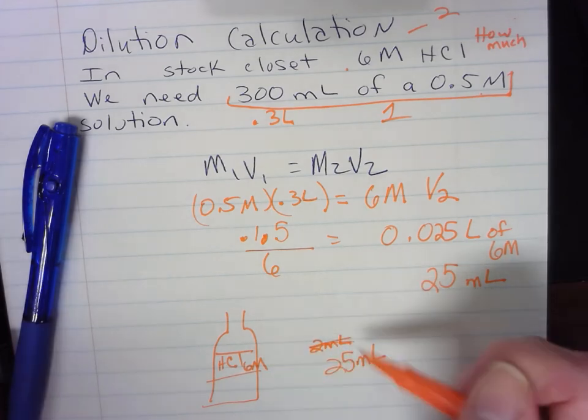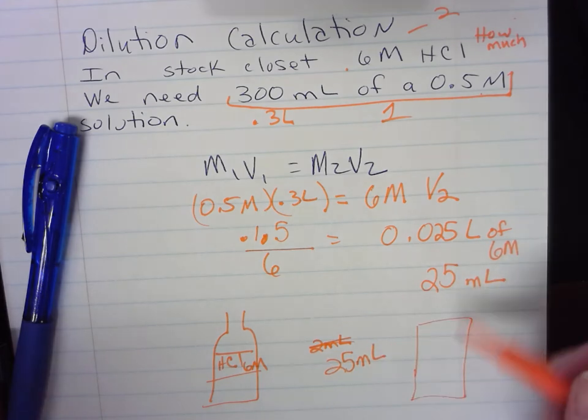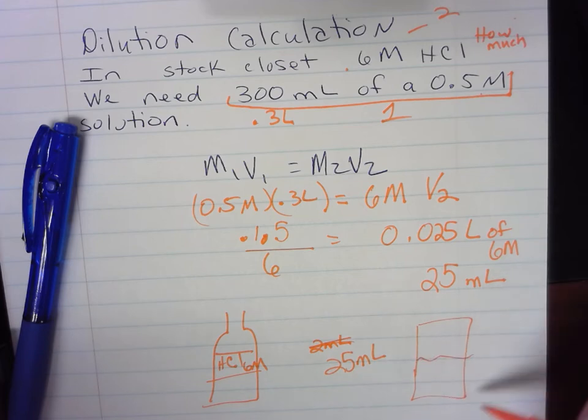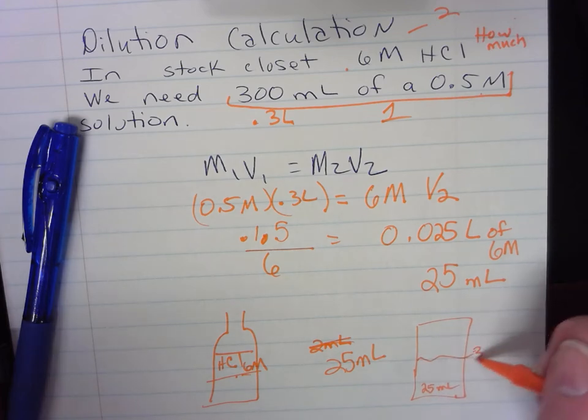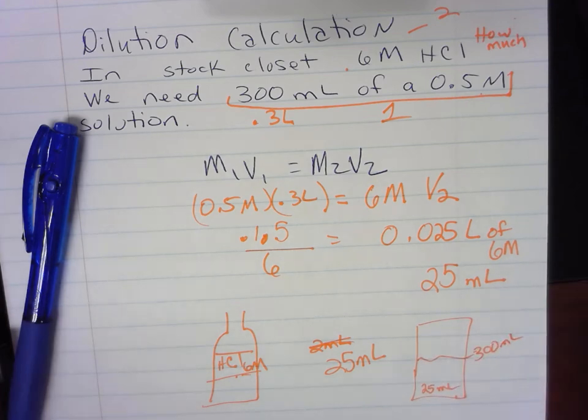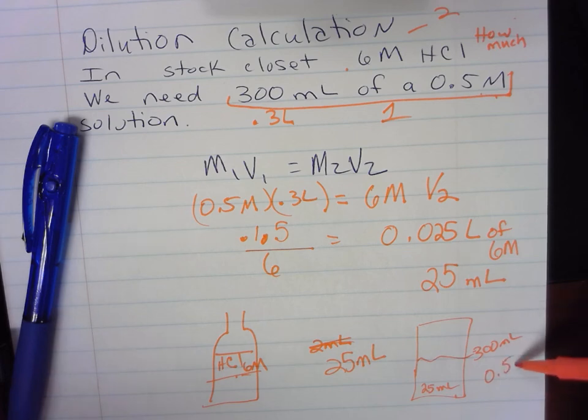I'm going to pour 25 milliliters of that 6 molar hydrochloric acid into my new bottle, and I'm going to put enough water into my container to make a total of 300 milliliters. And that will give me the 0.5 molar solution that I need.